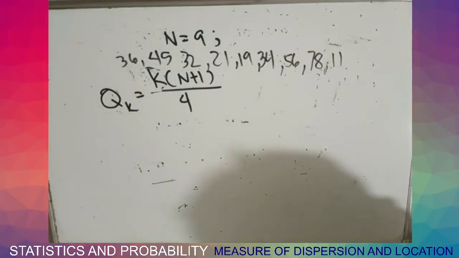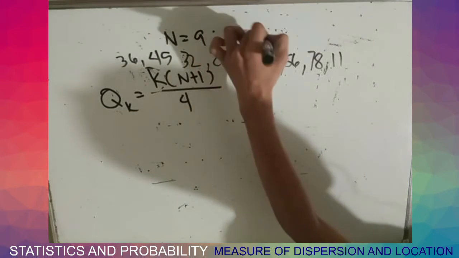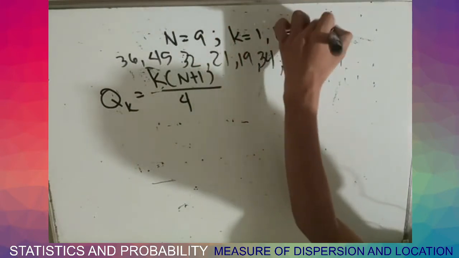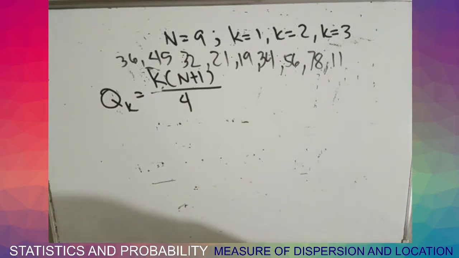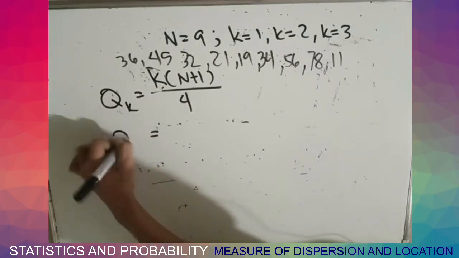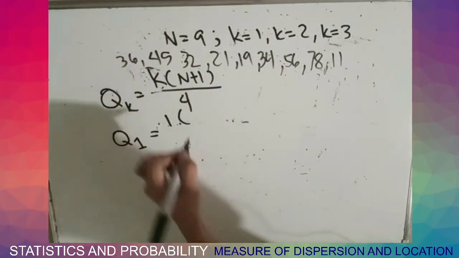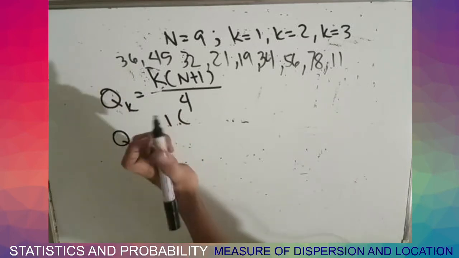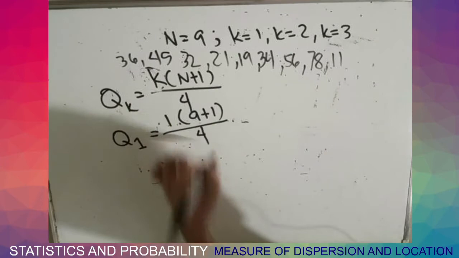Next, yung K natin. Kung pagbabasihan natin yung ating problem, tatlo yung value ng K natin, which is yung subscript ng ating Q. So, K is equals to 1, 2, and 3. Okay, tatlo. So, isa-isahin muna natin. The first is yung Q sub 1. So, yung K is 1. Tapos, ang N natin will be 9. So, 9 plus 1 over 4.